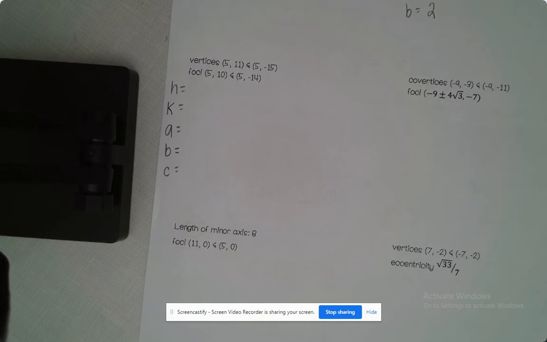The Y values are changing. Okay? And so that's vertices. So the K value equals 5. You're not even giving him correct information. What are you given? Vertices and foci, right? Look at your vertices. Which one's not changing?